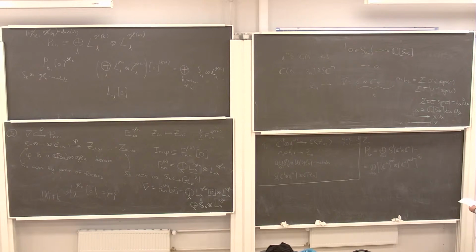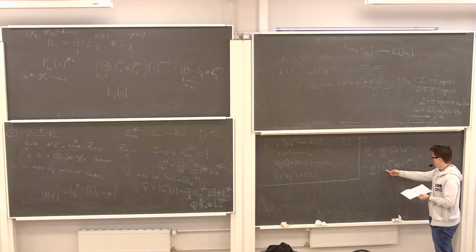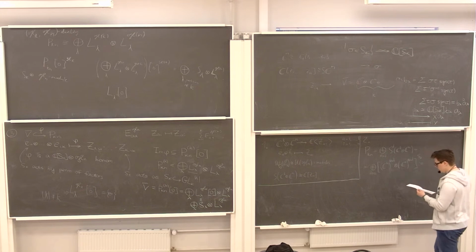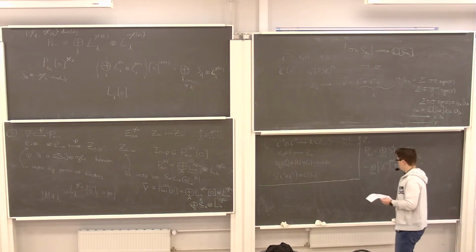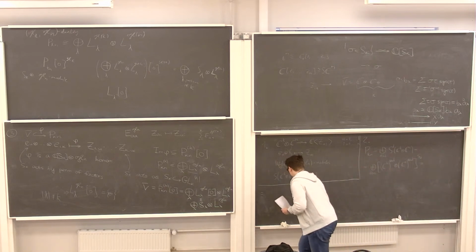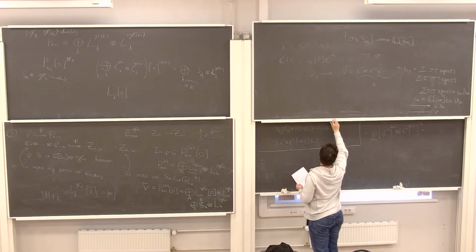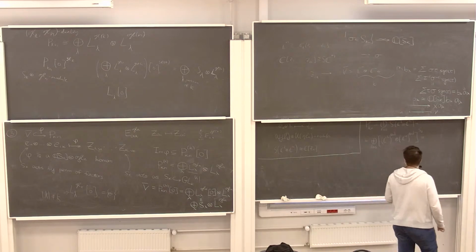So it acts diagonally. It permutes elements of tensors here and here. Okay, then what do we do next?